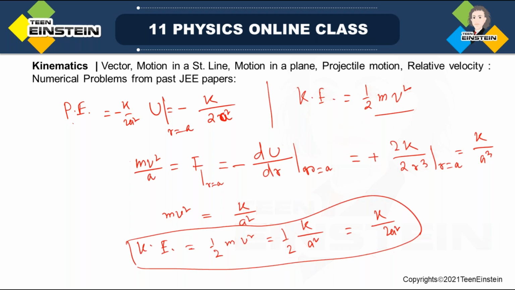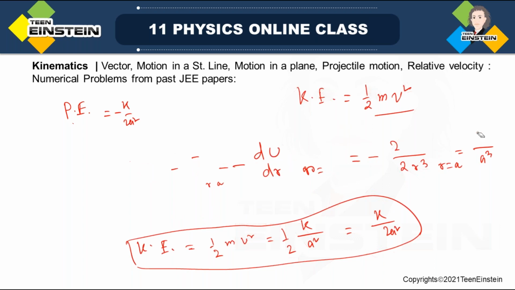Let me erase this part. So then what is the total energy? We have to sum these two up.